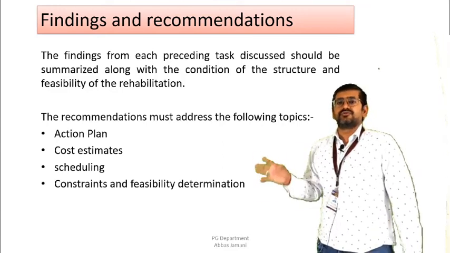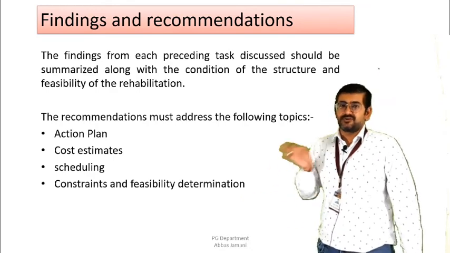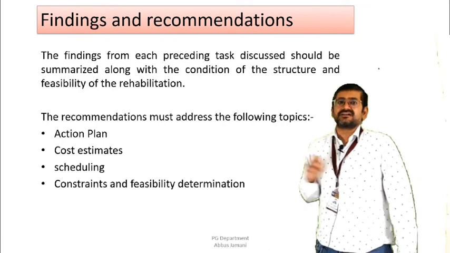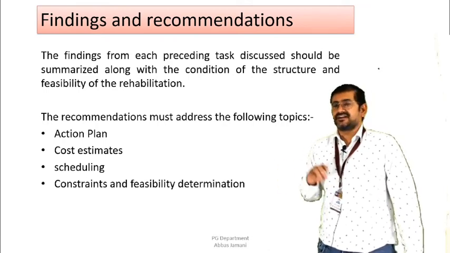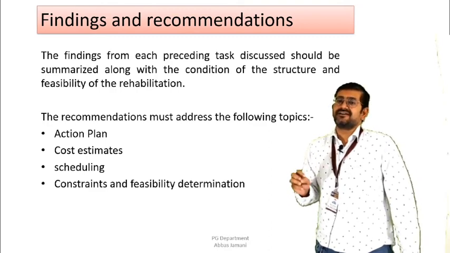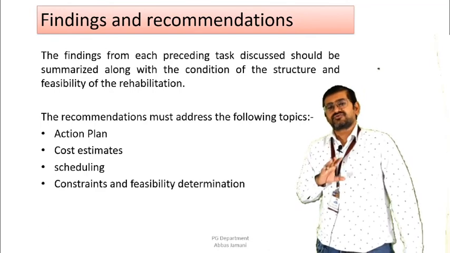That is, when you are going to do this particular activity, are there any site constraints? Are there any cost constraints? Are there any labor constraints? Or are there any material constraints? That needs to be sorted out, discussed and clearly conveyed to the client in the report itself, right? So there is no scope for any hidden aspect.